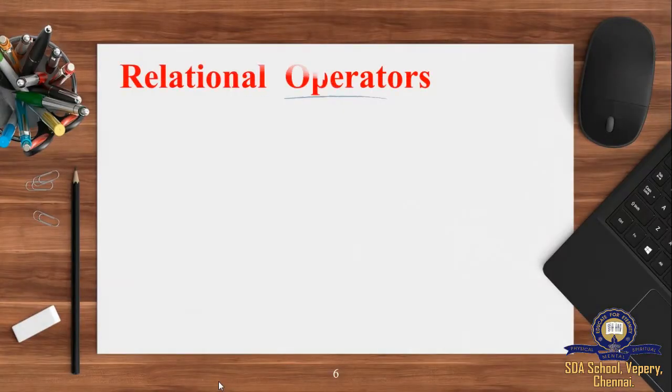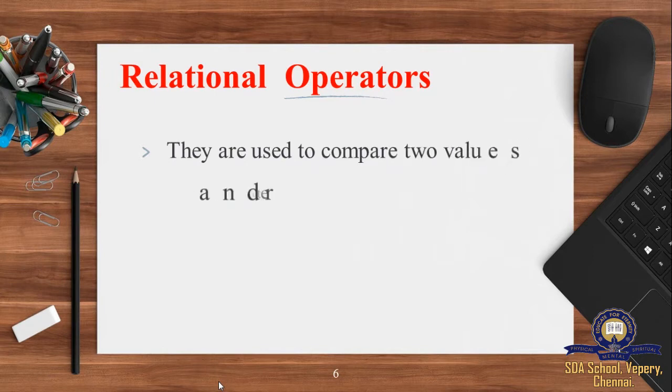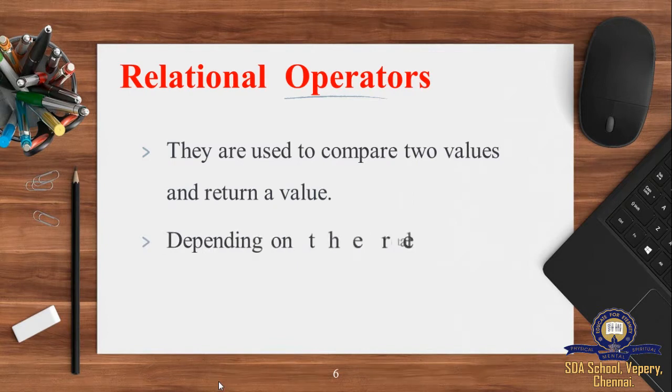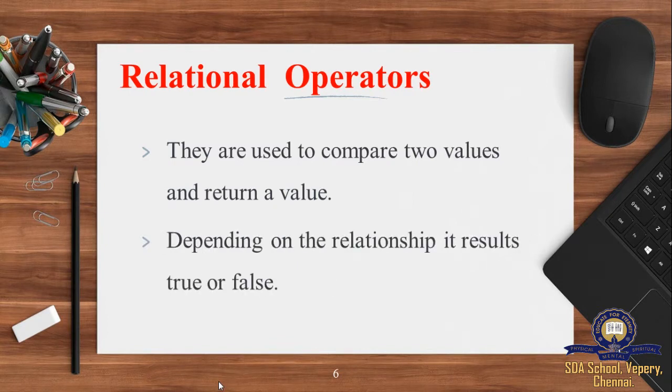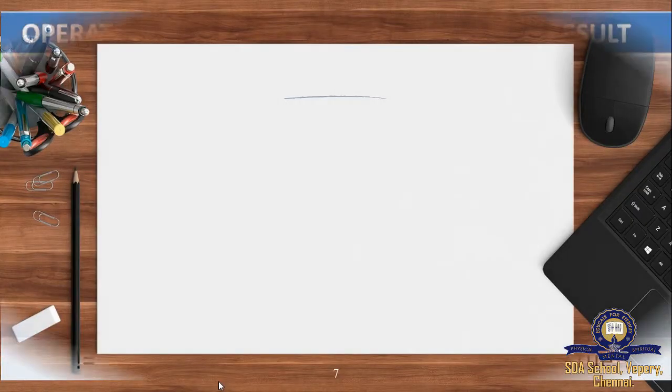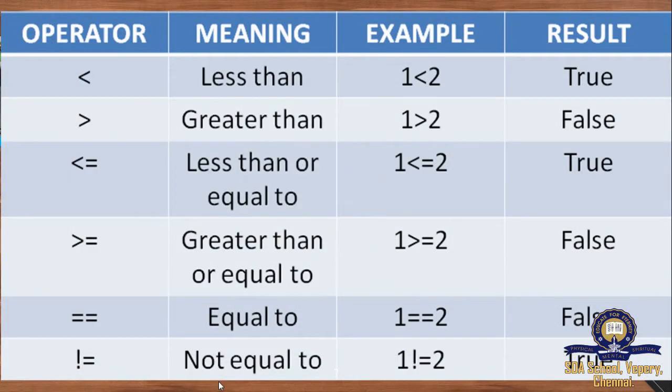Now we are going to see what relational operators are. They are used to compare two values and return a value, either true or false. Depending on the relationship, the result is true or false. In relational operators we have 6 operators.